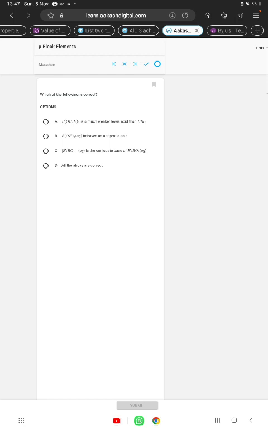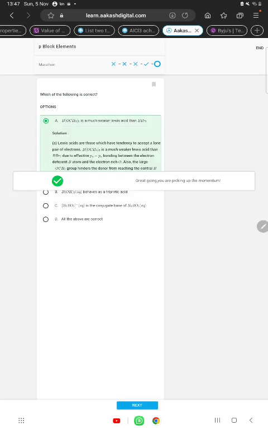Lewis acids are those which have the tendency to accept a lone pair of electrons. B(OCH3)3 is much weaker acid than BBr3 due to effective p-pi bonding between the electron deficient boron atom and the electron rich oxygen.